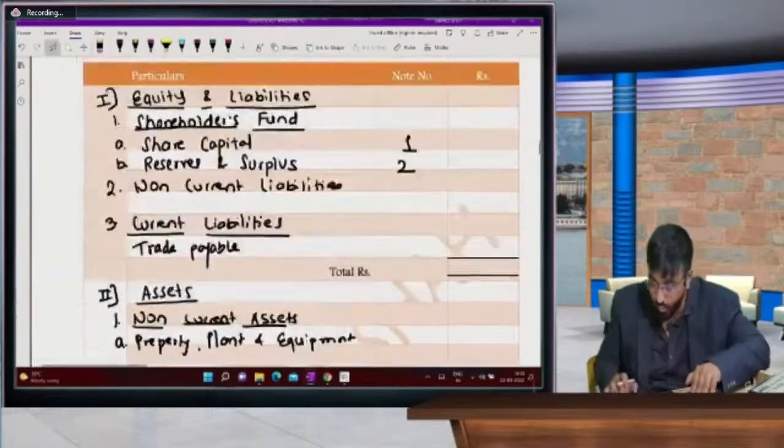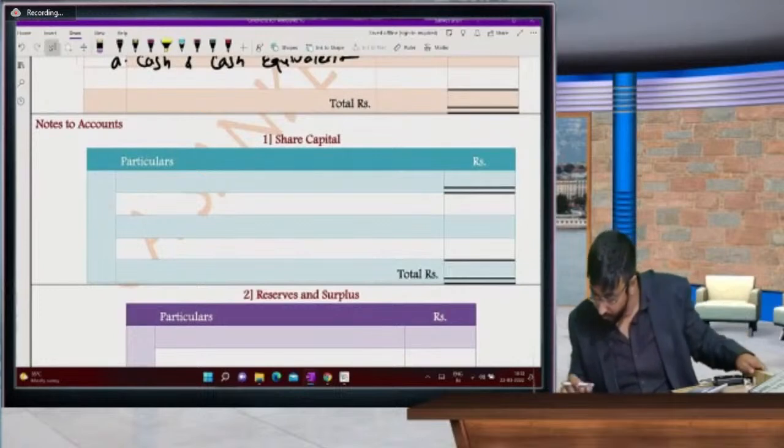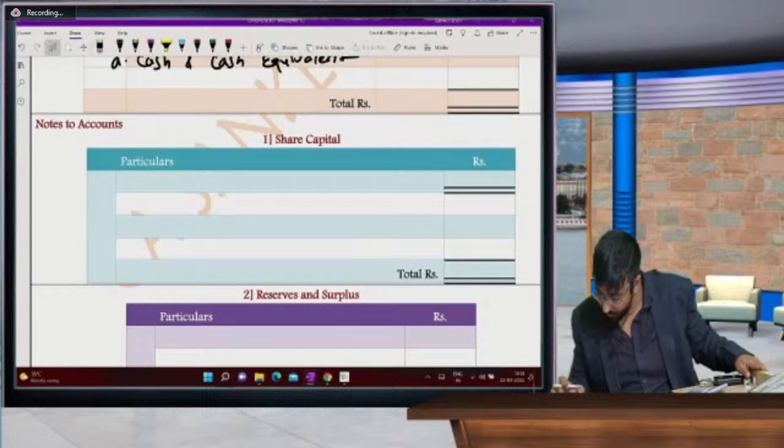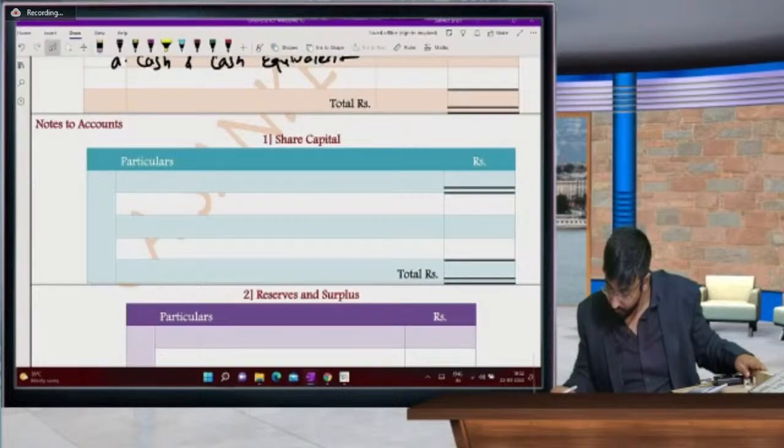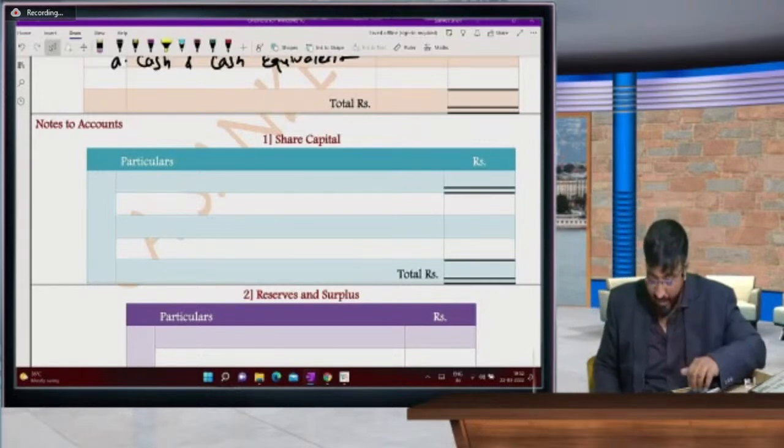Now there are 2 notes. One, share capital, and 2, reserves and surplus.